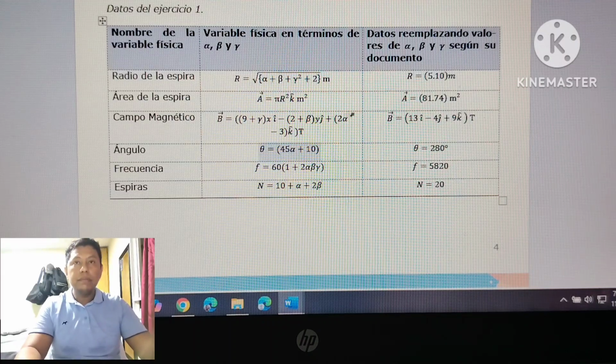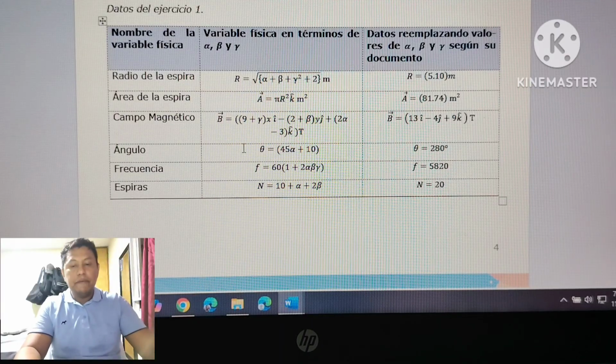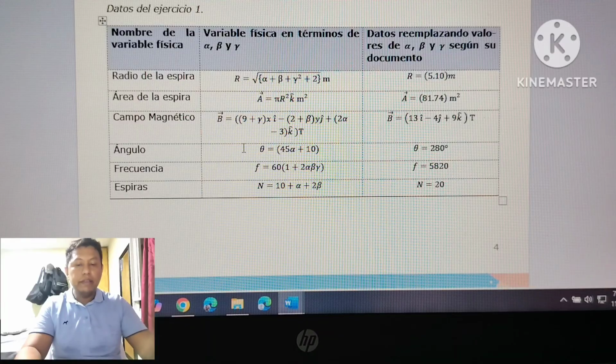The angle theta equals 280 degrees. The frequency is 5,820 Hz, and the number of turns is 20.